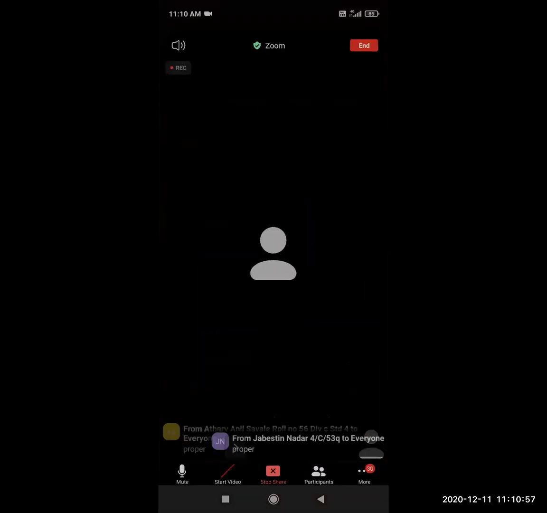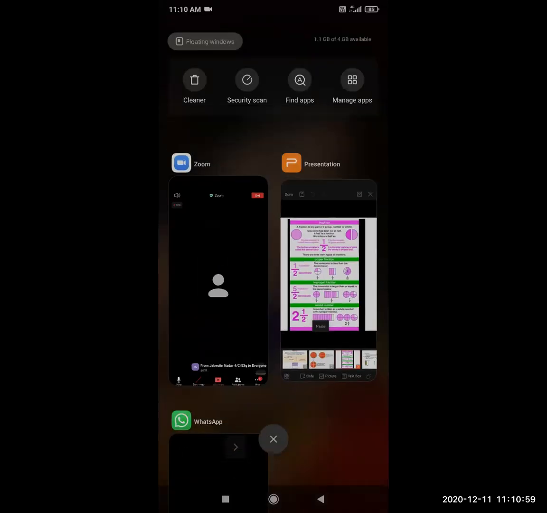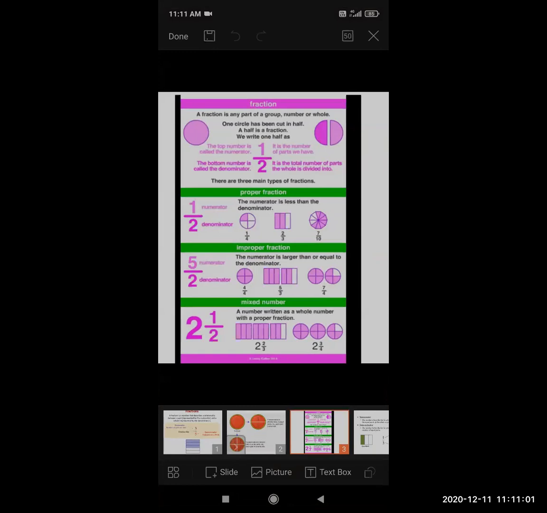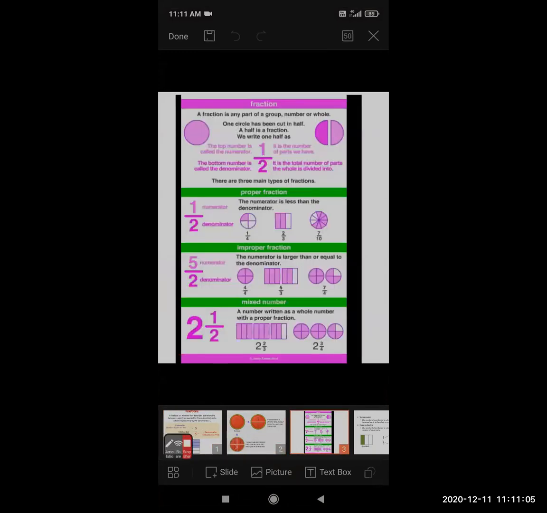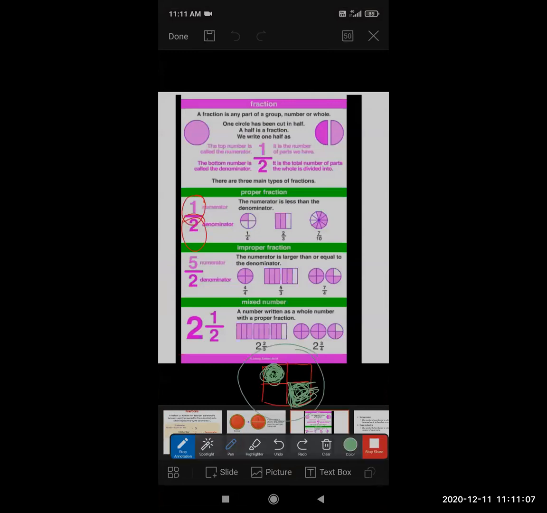Just a second, student. We will take the example of improper fraction. Look here. Next, I'm going to draw one image, that is a circle, two circles, three circles.